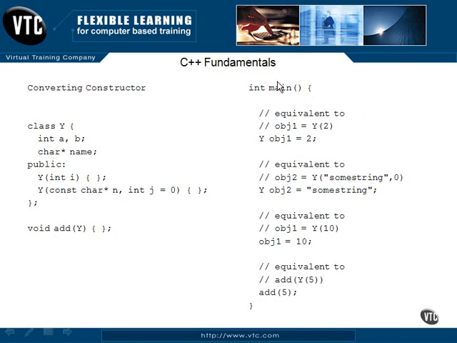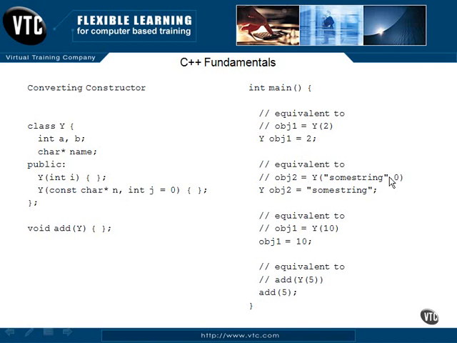So over here in main, we're going to be using this class, and just consider that this went on in one long list. I just can't show it to you on the screen in one long list. So here, Y object1 equal to 2 is the same thing as making object1 equal to Y initialized with 2, and since this is an integer coming in, it is going to use this conversion constructor and take in the number 2 and then convert that to an object of type Y and return that.